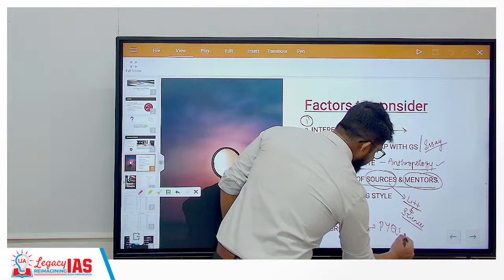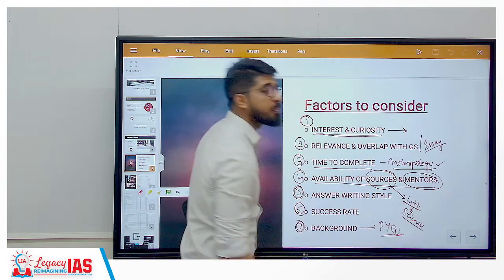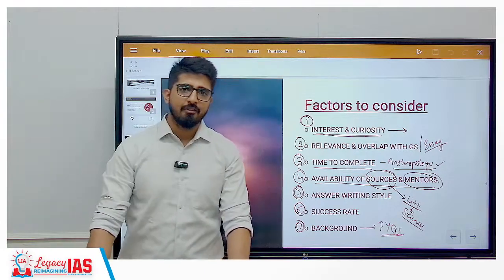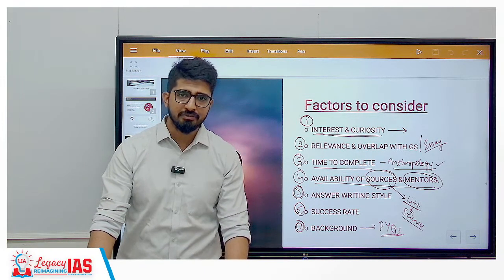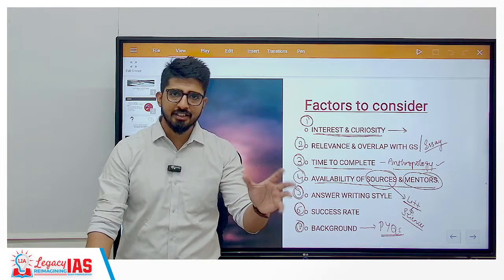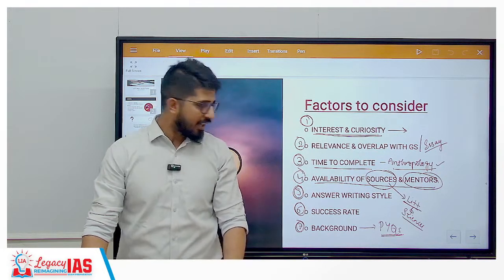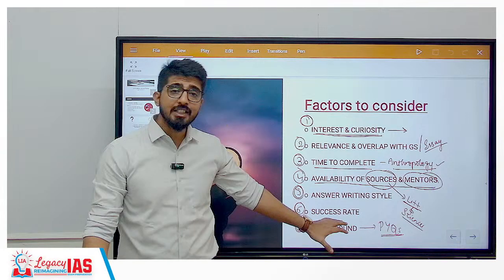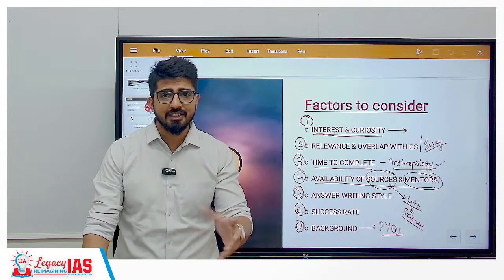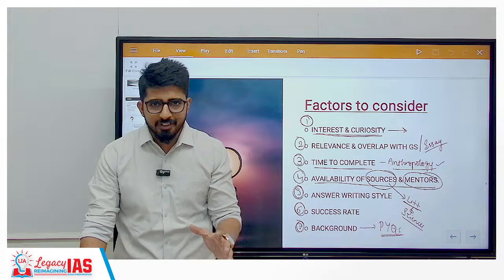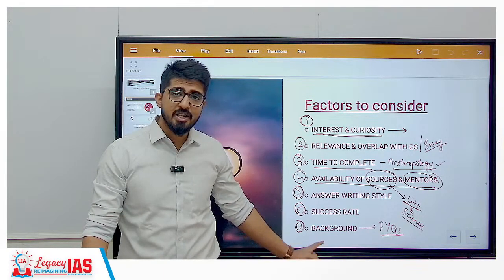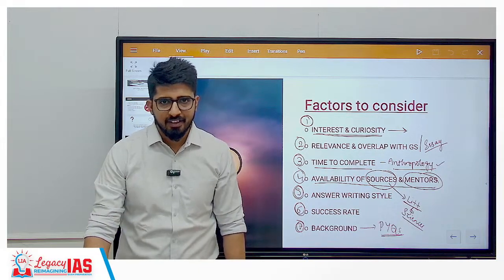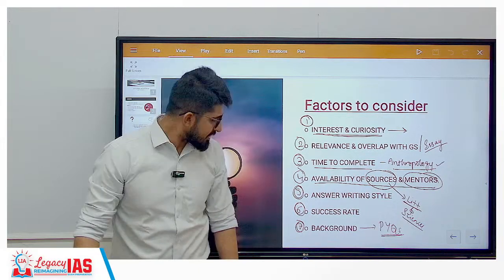If you really have studied properly during your graduation, then when you look at the PYQs, you should be able to at least make sense out of 50-60% of the questions quite easily. If you're not able to make sense of, let's say, 50, 60, 65% of the questions, then I don't think you should be choosing an optional based on your graduation background. Yes, so that is your seventh one.